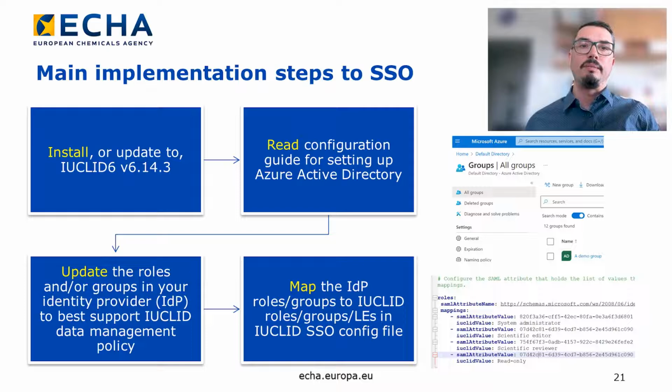This file will have the one-to-one assignments between the IDP concepts and the concepts in Euclid. This is all explained in the configuration guide. And this mapping is independent of the provider. As I said before, this is done using a standard protocol.